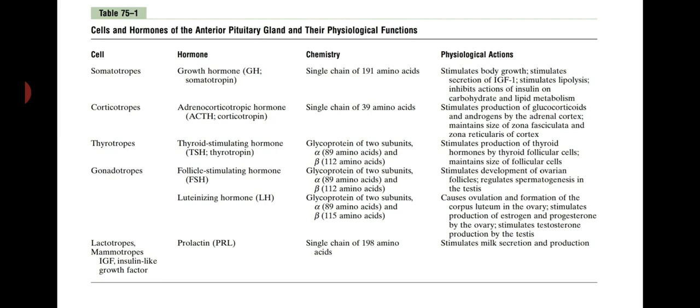Thyroxine and triiodothyronine produced by thyroid gland are very important hormones which control the rate of most of the intracellular chemical reactions in our body.